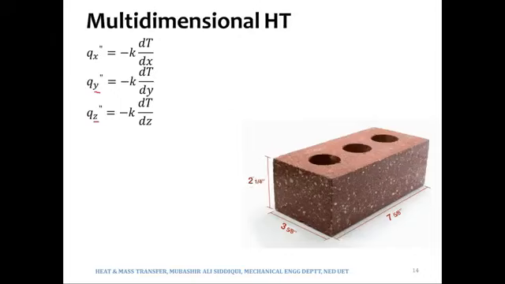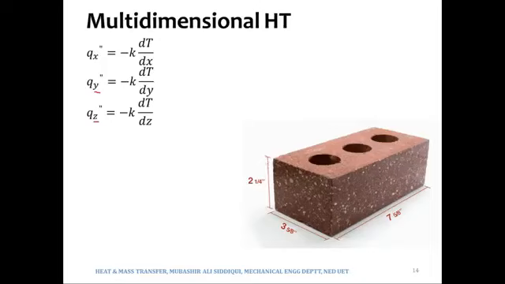So in fact, we are considering 3 dimensions, 3 axes. The longest one is the x-axis, 7, this is the y-axis, 3, and the vertical 2 is the z-axis.